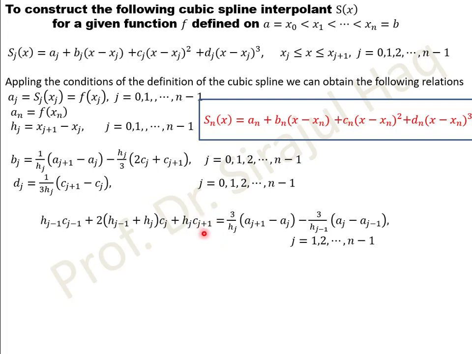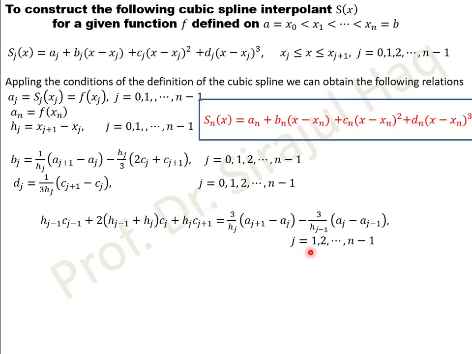So unknowns are c naught, c1, c2, c3 up to cn. And I need c naught, c1, c2 up to cn minus 1 only. But since cn is used here and here, that is the reason we are computing cn here. C naught, c1, c2 up to cn, there are n plus 1 unknowns.